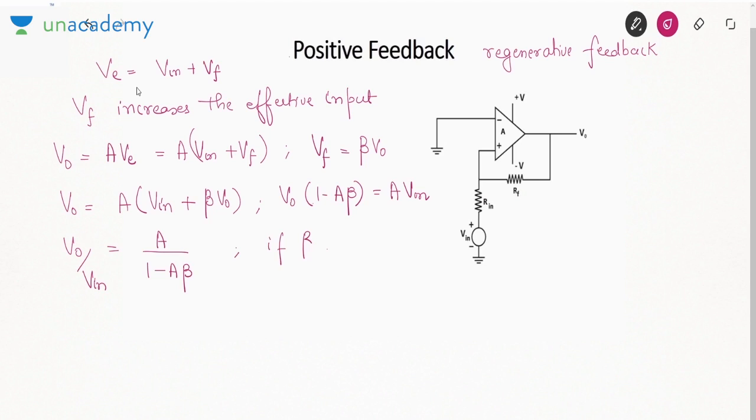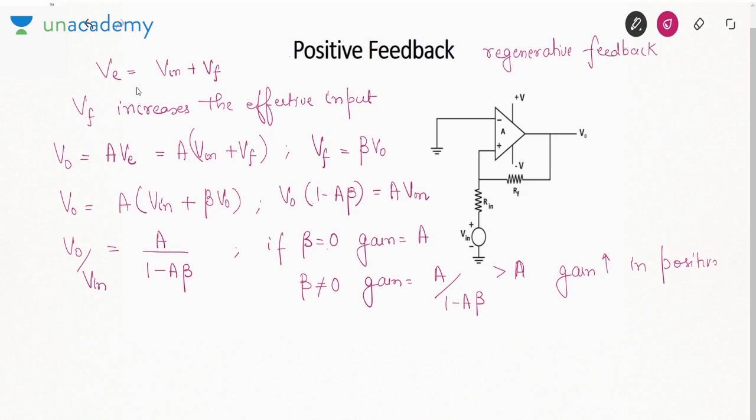If beta equal to 0, then what is the gain? Gain is equal to A. If beta not equal to 0, the gain is A over 1 minus A beta. Now in the denominator there is a term which is less than 1, so this gain is greater than A. So the gain increases in positive feedback.